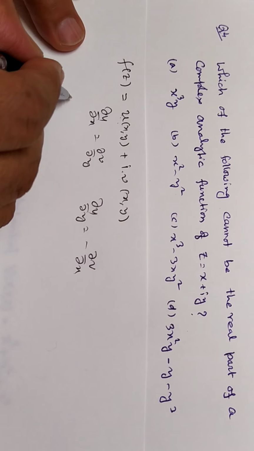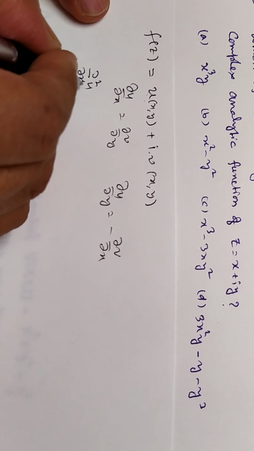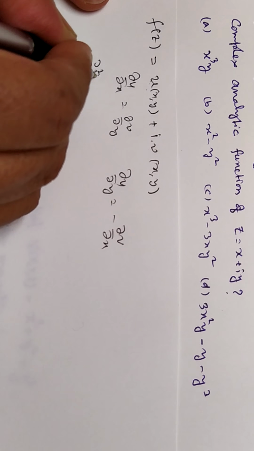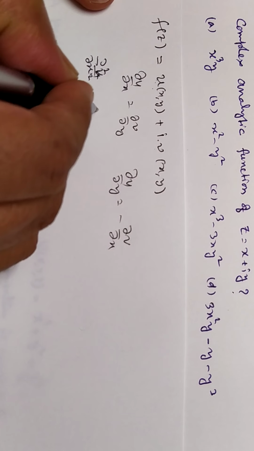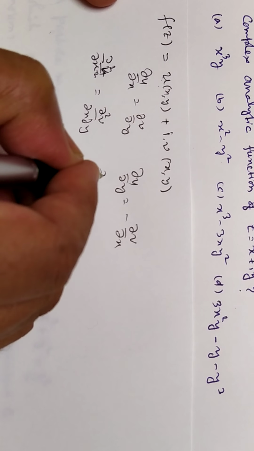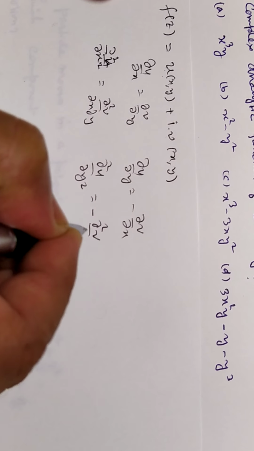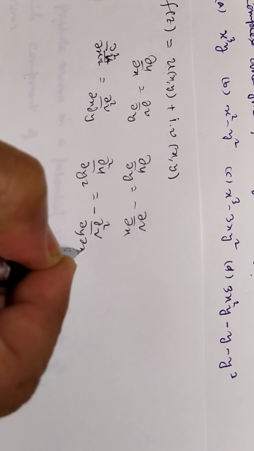Now if you take the derivative once more with respect to x, then del 2u by del x2 equals del 2v by del x del y, and del 2u by del y2 equals minus del 2v by del y del x.